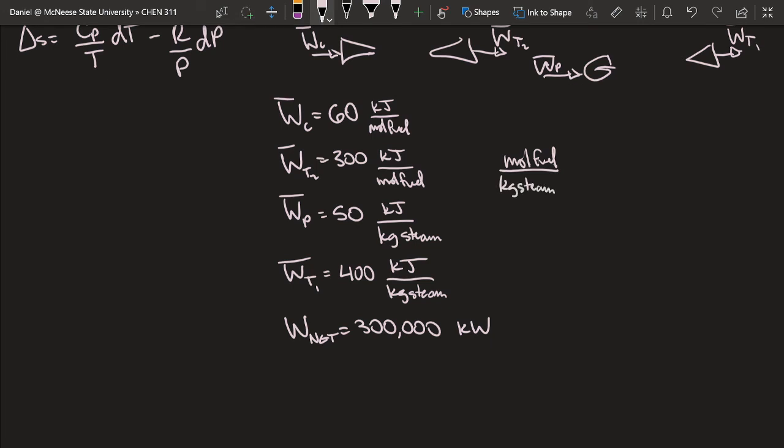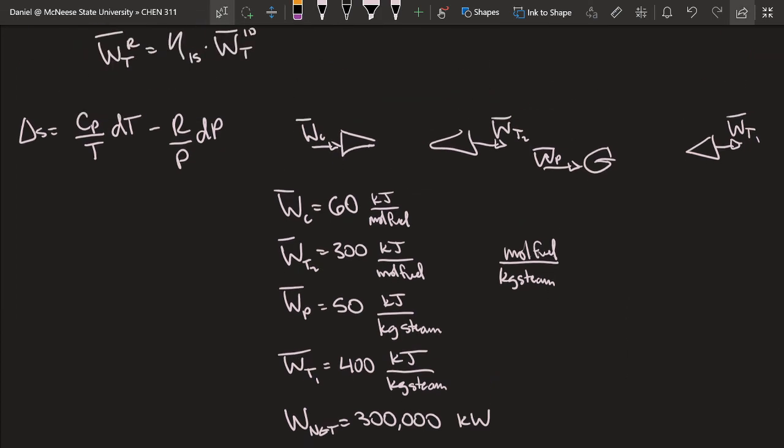And so if I take my work of the compressor in the Brayton cycle and the turbine, I can multiply by this ratio. Okay, hold on, I'll show you.